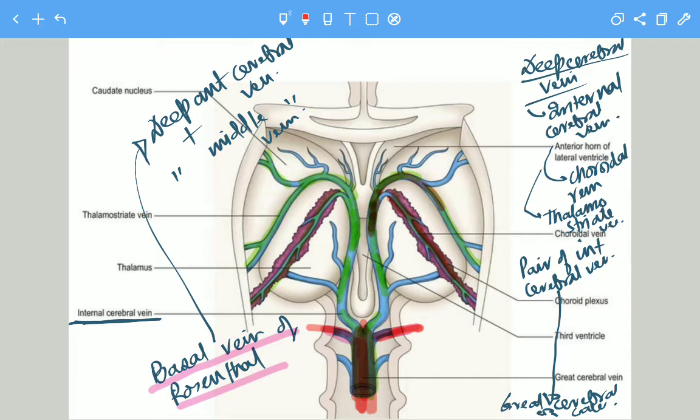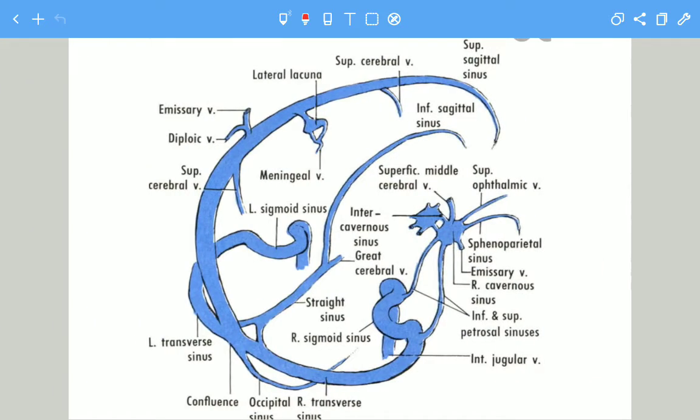And next we will go to the next picture. As you can see, this will join with the inferior sagittal sinus. So this is the great cerebral vein, which is joining with the inferior sagittal sinus to form the straight sinus, and the straight sinus will eventually join into the confluence of sinuses and go on to form the transverse sinus as well.